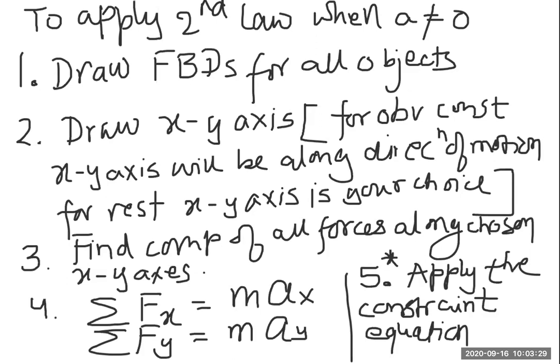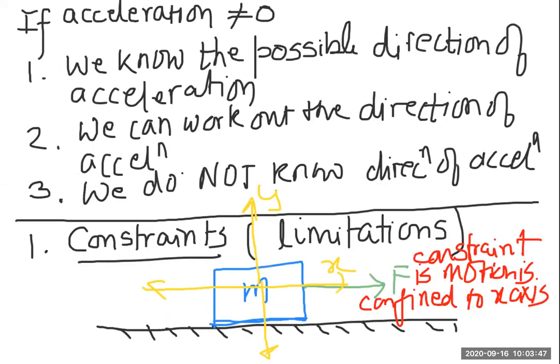Step number 4. When I have drawn the xy axis, in the first 3 cases that I drew, case number 1, when I draw the xy axis, I know, and you should also be aware when you are doing the problem, that acceleration along y-axis will be 0, and therefore the summation of forces along the y-axis will be 0, right?